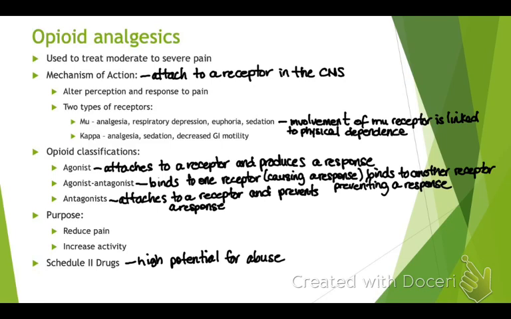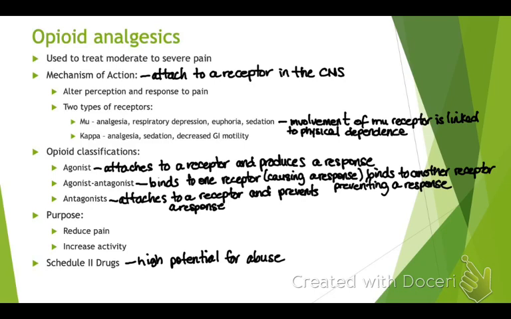Opioids are Schedule II drugs, so they have a high potential for abuse. Opioids inhibit neurotransmitter release. So the opioid agonist, again, binds and stimulates the inhibition of the specific neurotransmitter release.